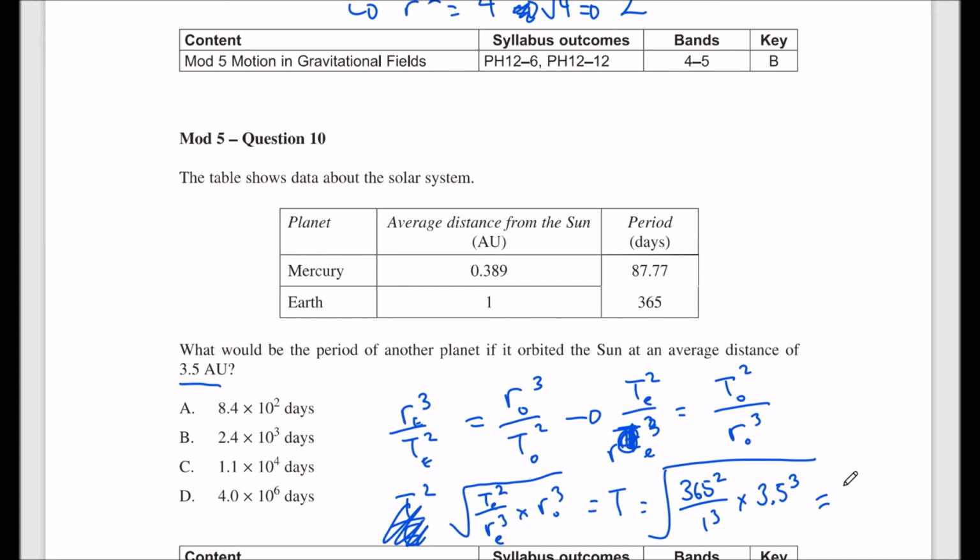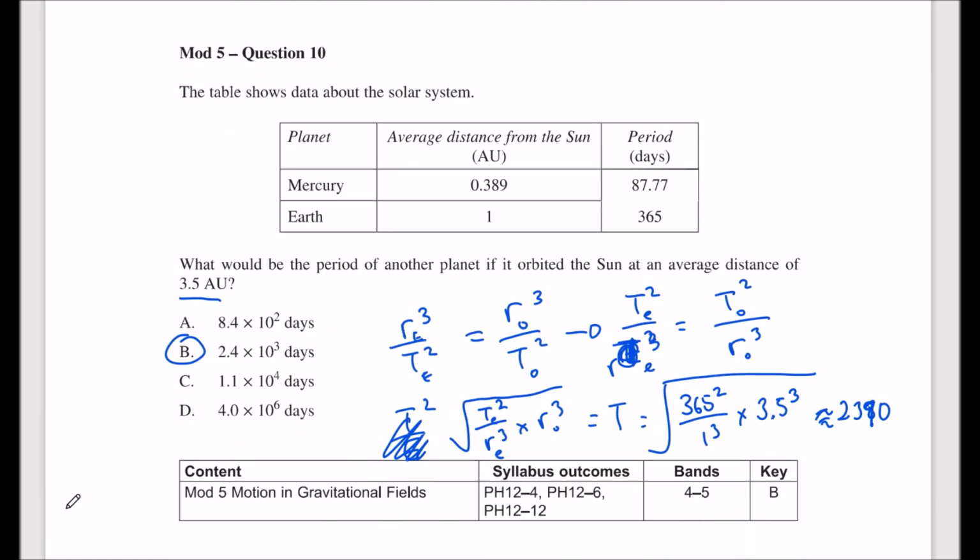Okay, so according to what I got, roughly around 2,390 days if we round it off to about 3 significant figures. So the closest answer to that is B, and we have the answer there.